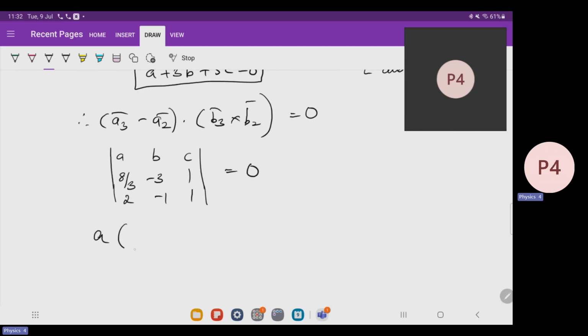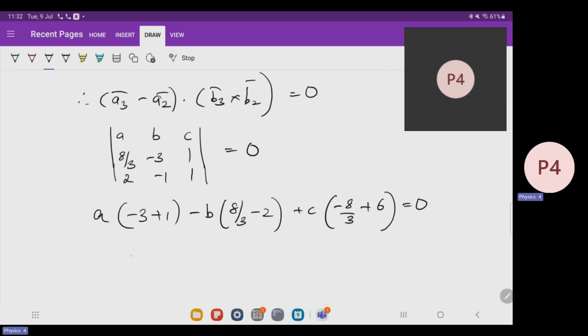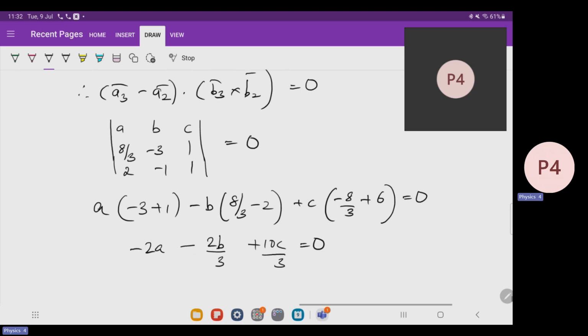We will get A times (minus 3 plus 1) minus B times (8 by 3 minus 2) plus C times (minus 8 by 3 plus 6) is equal to 0. This is minus 2A minus 2B by 3, plus (18 minus 8) which is 10C by 3, is equal to 0.